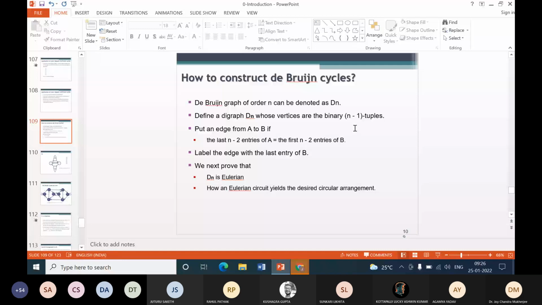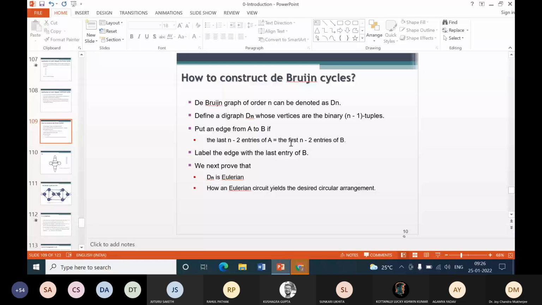Okay, so if n is 3, we have 2 to the n minus 1, that is 2 squared, 4 vertices, which are labeled as 0 0, 0 1, 1 0 and 1 1. Second stage is creating edges. We put an edge from vertex A to vertex B if the last n minus 2 entries of A equal the first n minus 2 entries of B.